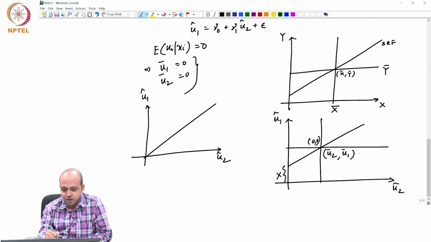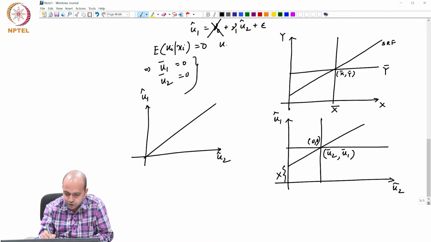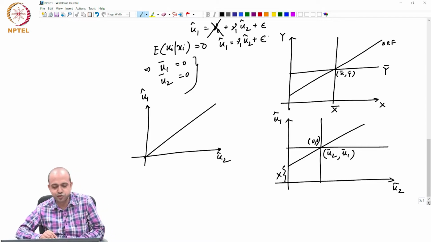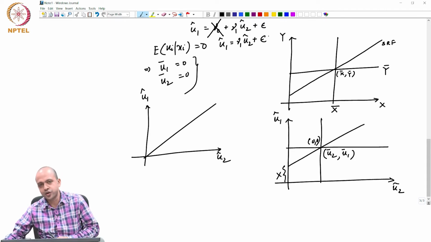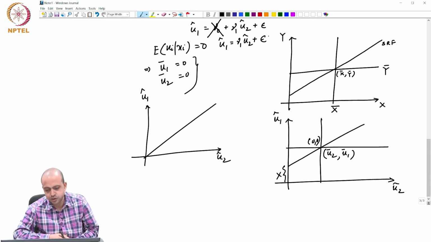So, in this equation when I am specifying, this term should not be there. So, our equation would be u1 hat equals gamma 1 u2 hat plus epsilon. No intercept should be there, and that is coming from one of the important properties of the sample regression function, that the sample regression function must pass through the origin, right.